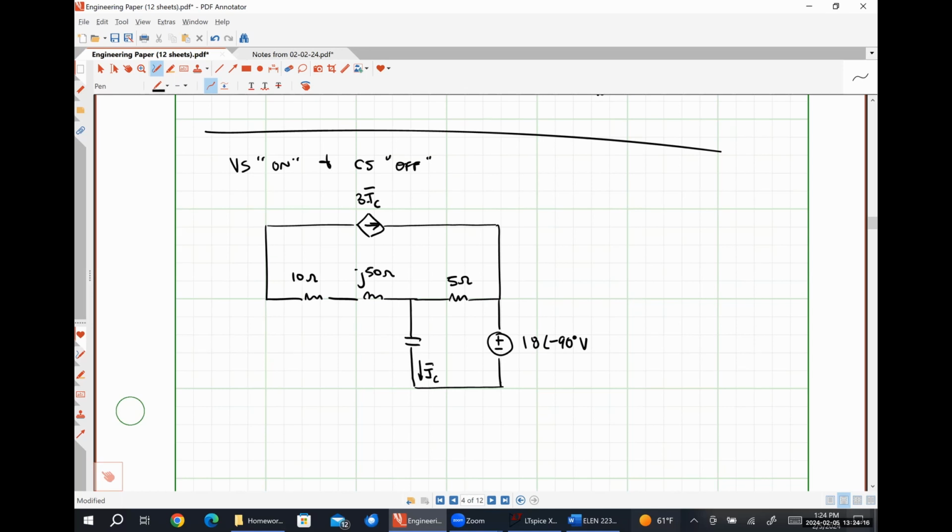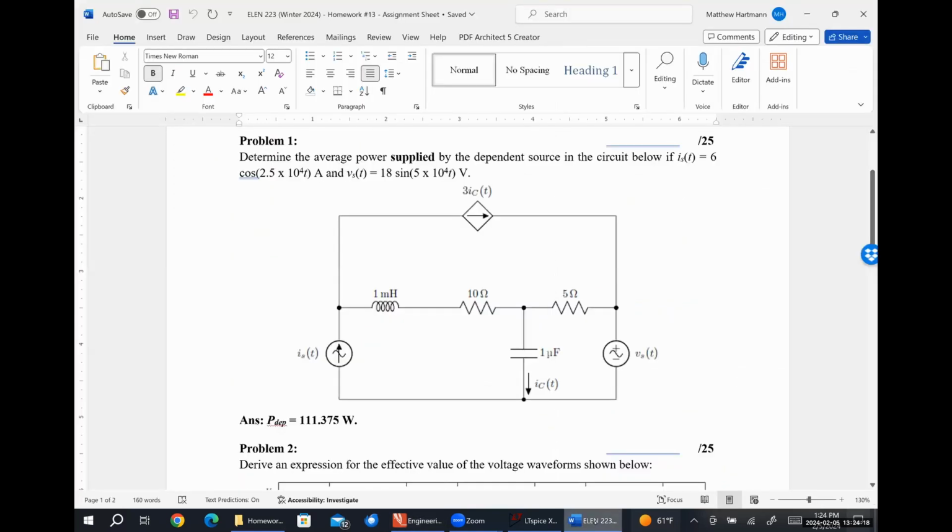See that capacitor. So I have 1 over 5 times 10 to the 4 times 1 times 10 to the minus 6. That's going to look like minus j20.